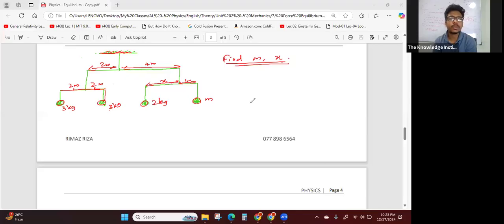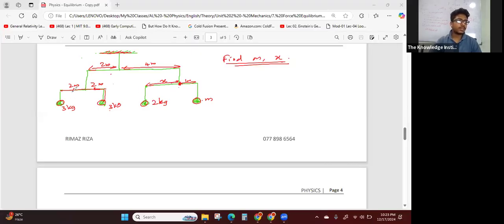If you do this type of question once, it will be really easy. Okay, so here, if it's in equilibrium, we can consider the moment. The net torque has to be 0. So if I start from here, if I take the moment from here, x into 2 should equal 1 into m. But both are unknown, so I can't start from here.